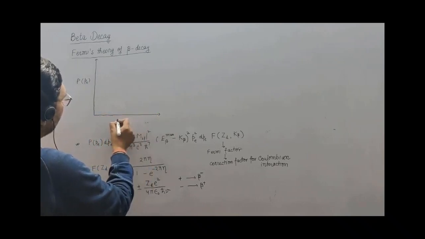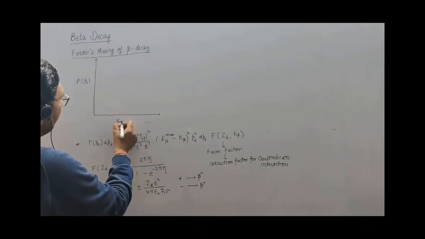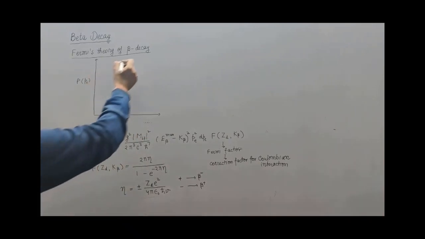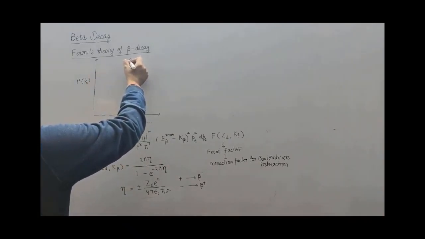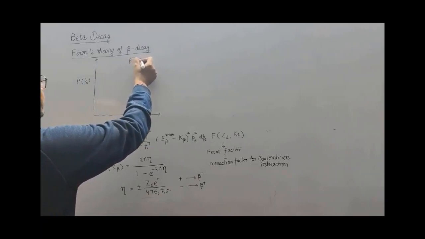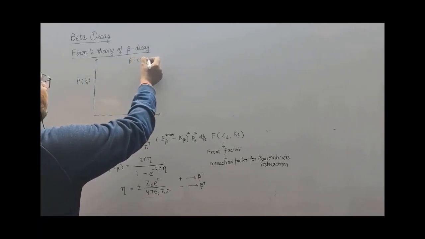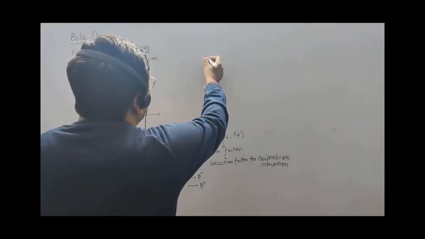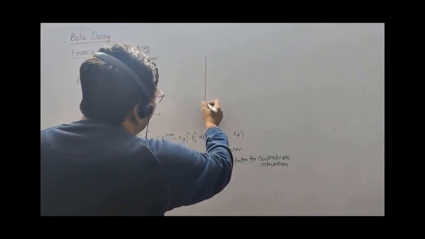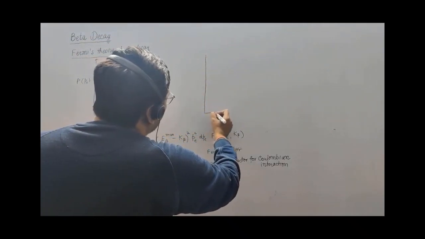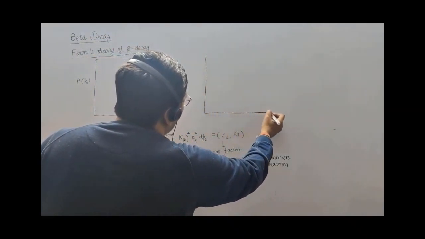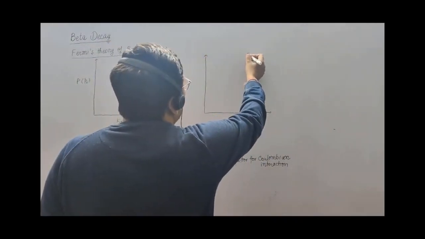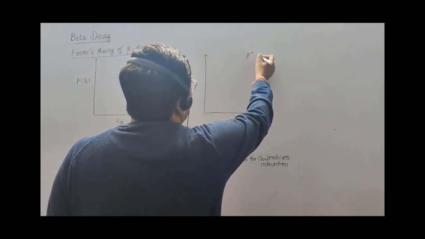They plotted two graphs, one for beta minus emission and a second for beta plus emission.